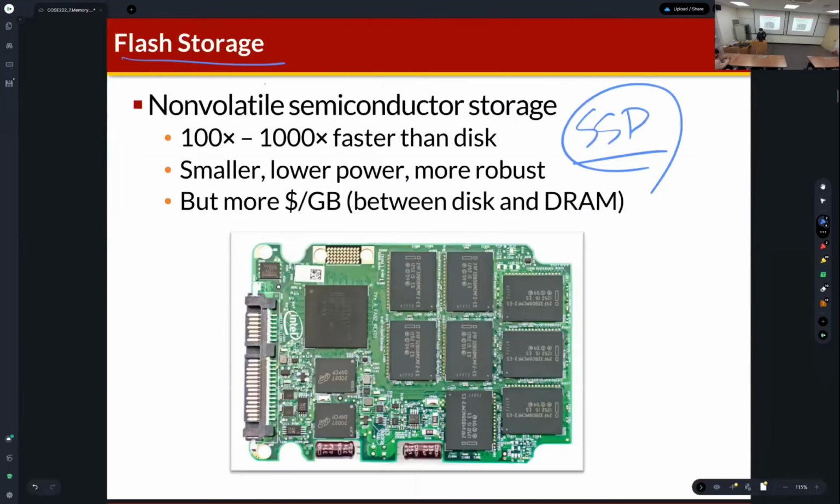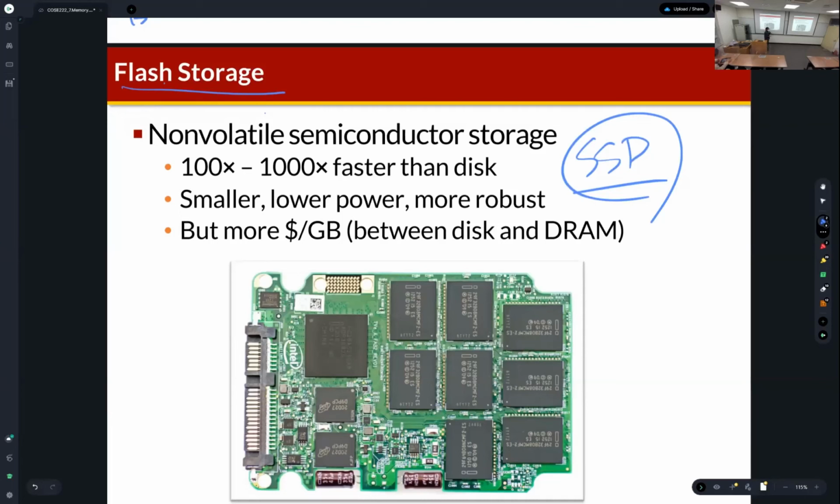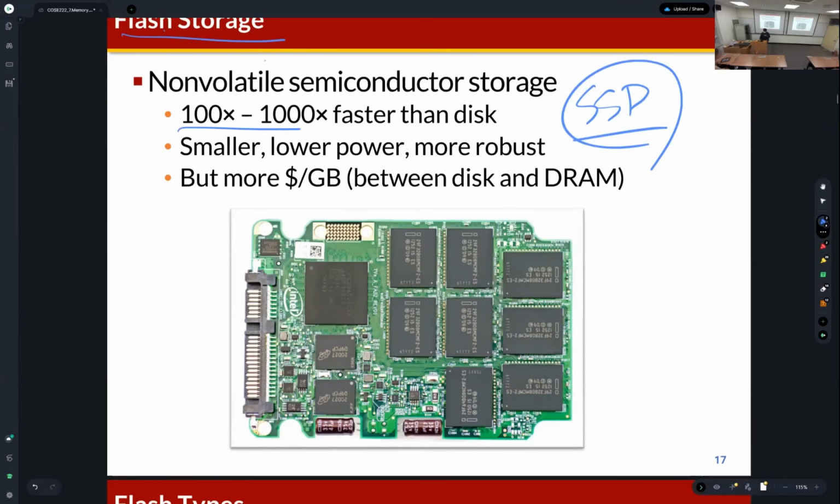But if we use flash memory, which is a chip, just an electric signal is given to the flash memory and then we can read the data. So flash memory is very fast. It's 100 to 1,000 times faster than disk, but it's also expensive.